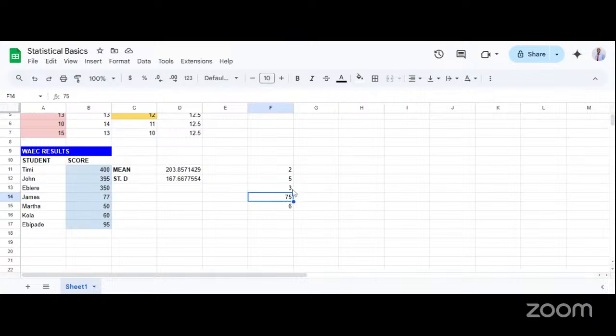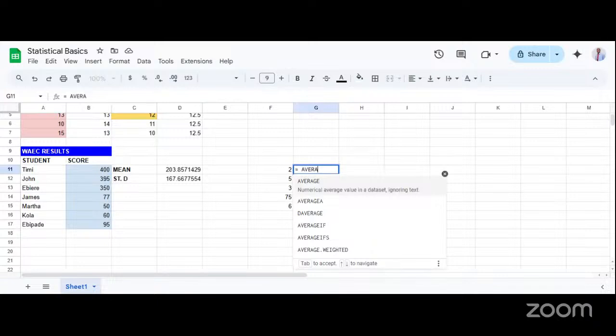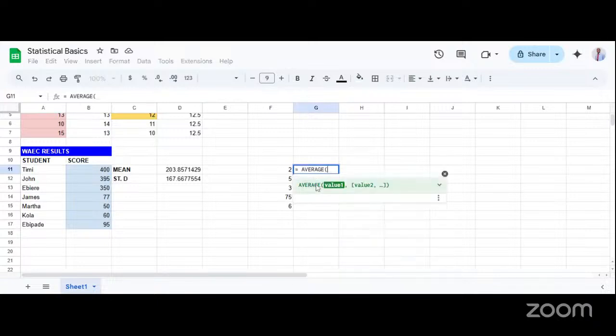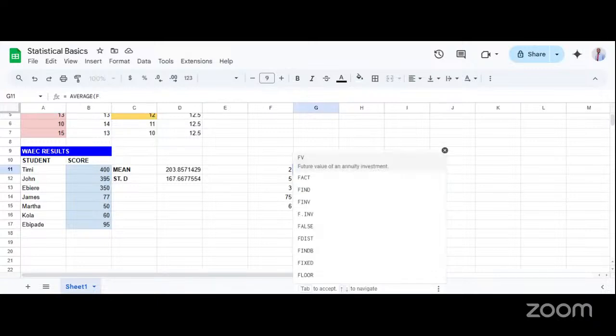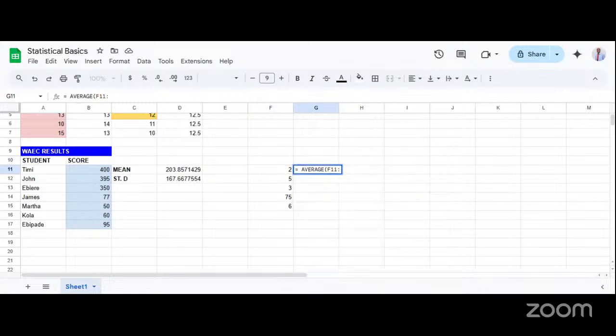To buttress this point again, let's calculate the mean of these values, then let's calculate the standard deviation again. So average, F11 to F15.